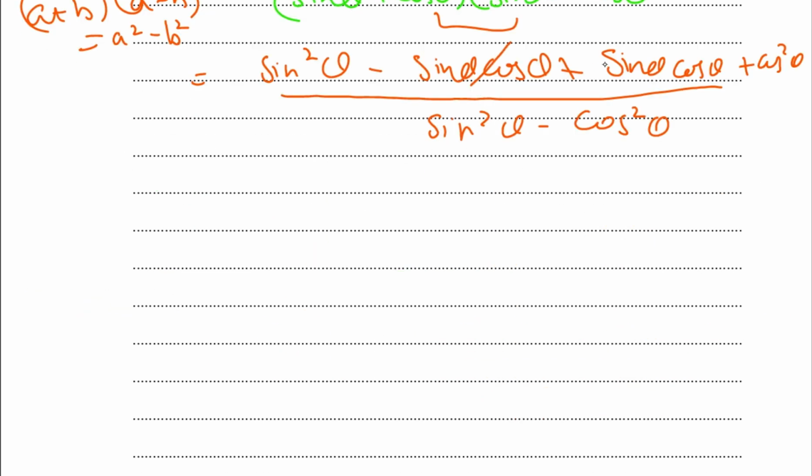So now minus sine theta cos theta plus sine theta cos theta will cancel out, and we will have sine square theta plus cos square theta over sine square theta minus cos square theta.